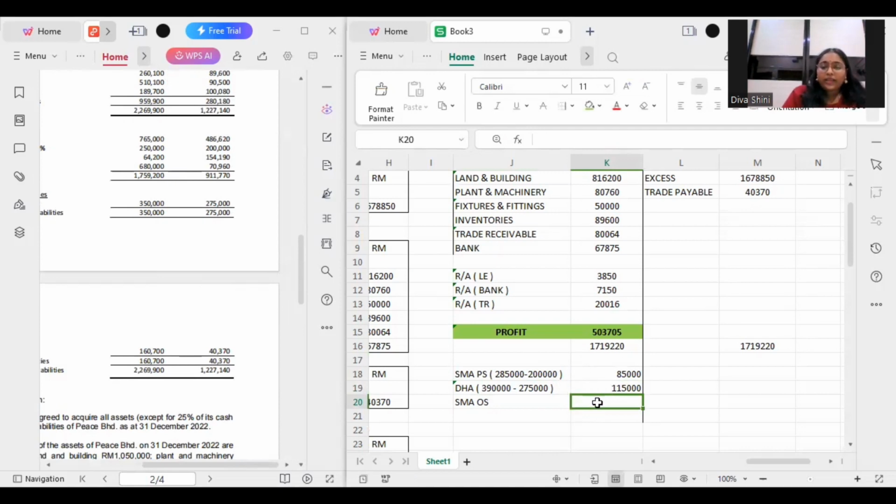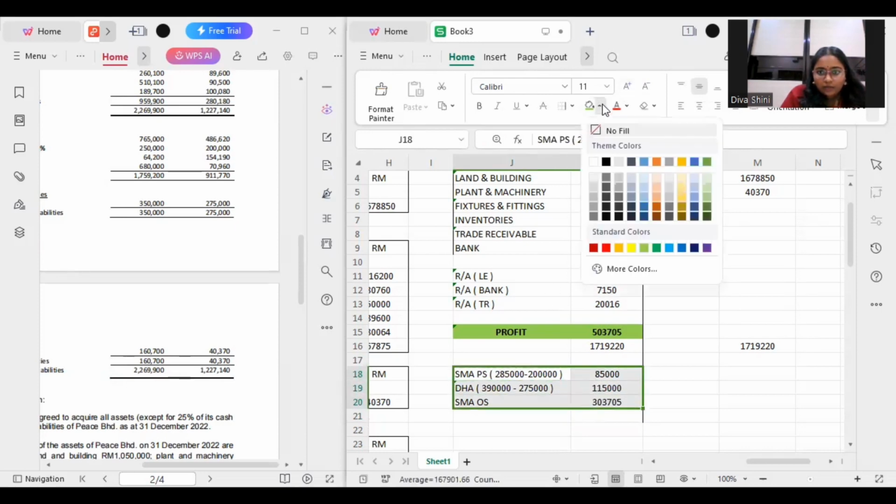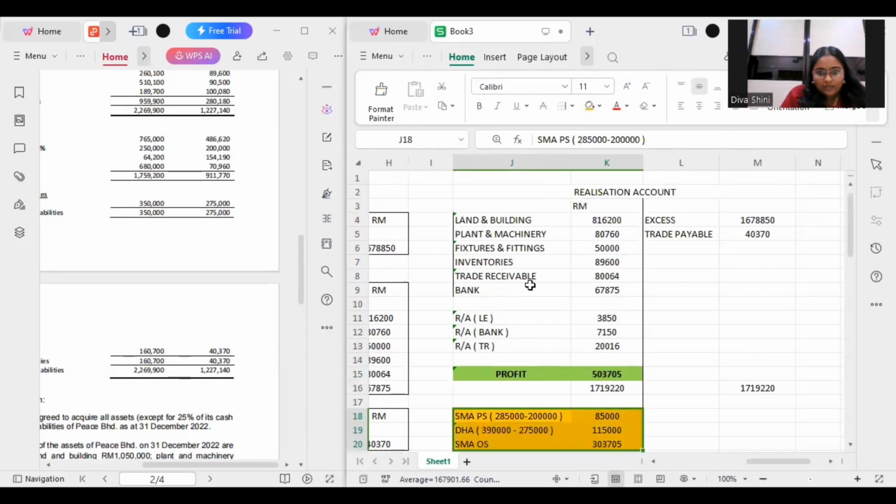So these are the amounts, and in order to get SME OS, we need to take the profit amount minus SME PS minus DHA. So the SME OS will be 303,705. So that's all for the realization.